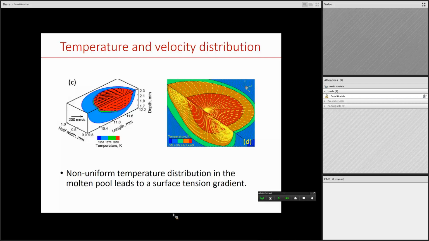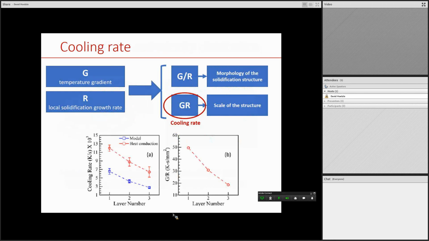So the melted material will tend to flow. The black arrows indicate the velocity, and the yellow lines on the right plot show the direction. Then is the cooling rate.